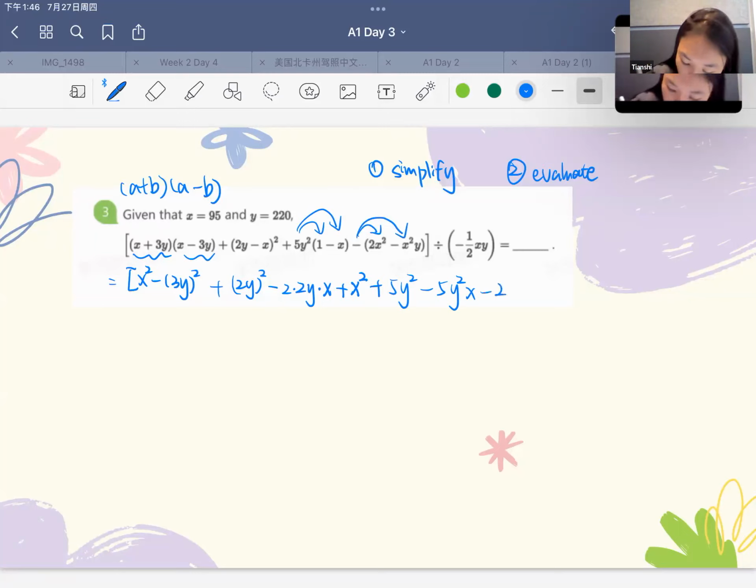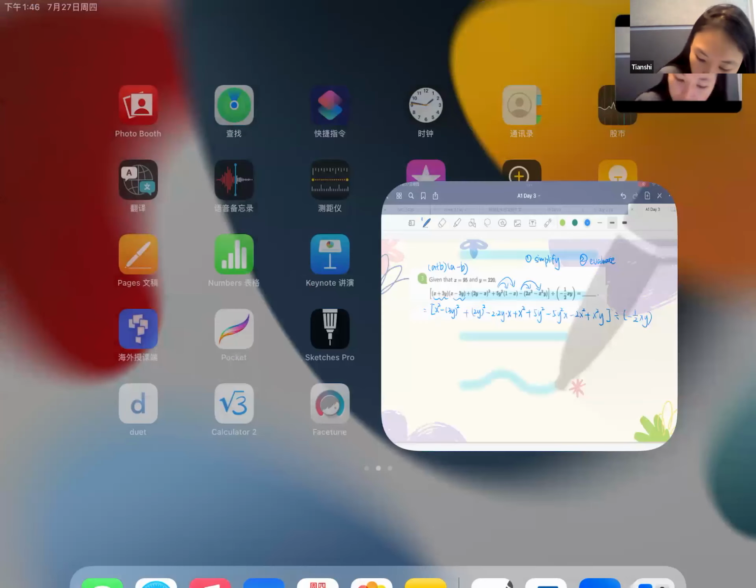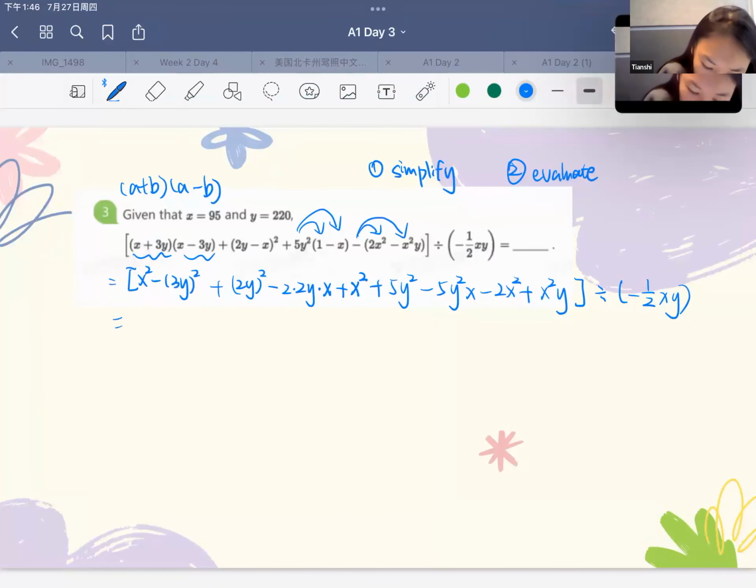So it's minus 2x squared and then plus, two negative numbers become a positive number, so plus x squared y, and then divided by negative 1 over 2 xy. And then we need to do the calculation.